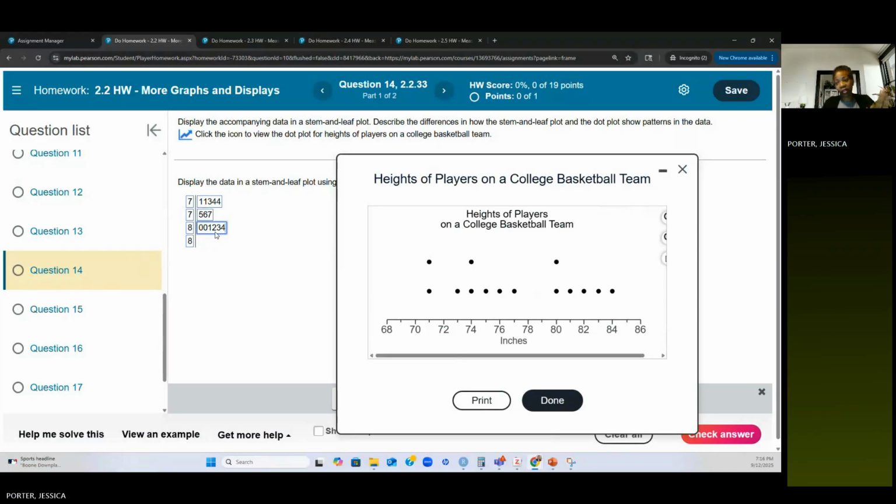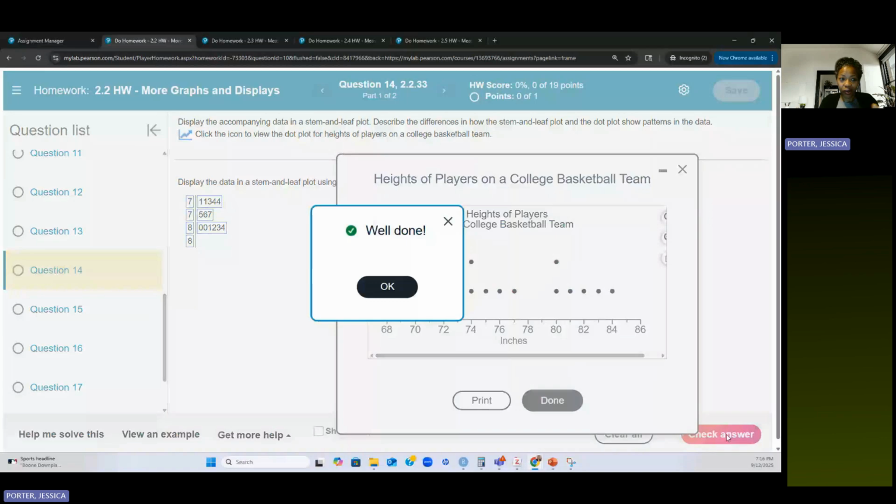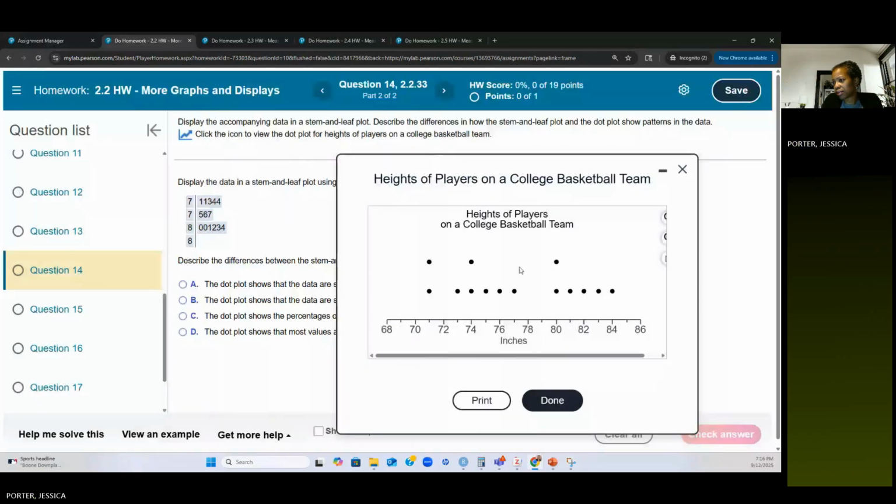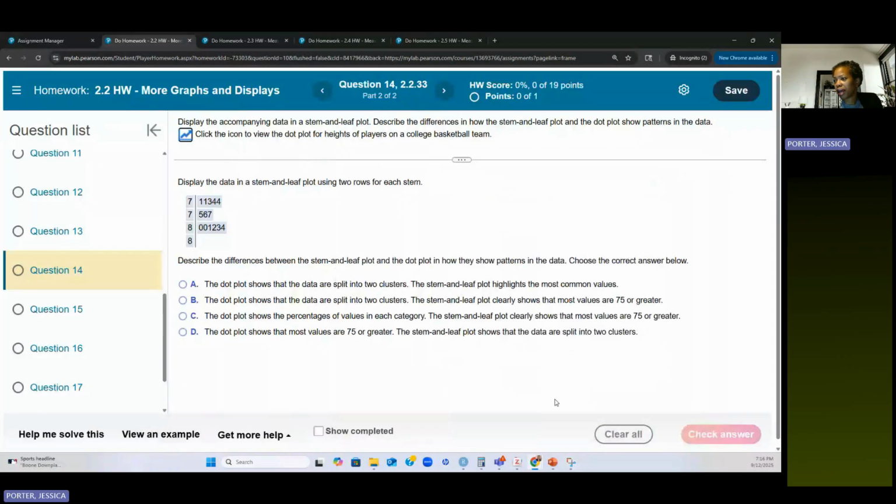All right, here goes. No spaces. Okay, so with the stem and leaf plot, when you're doing them in the system, it doesn't matter if you put spaces or not. So you don't have to do the spaces. Okay, that is how we construct a stem and leaf plot.